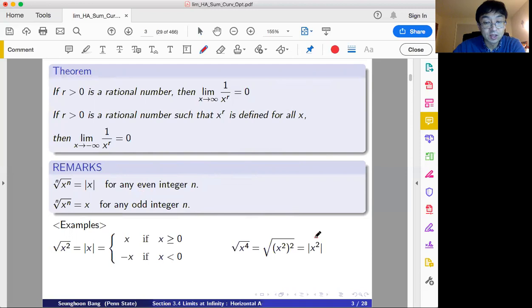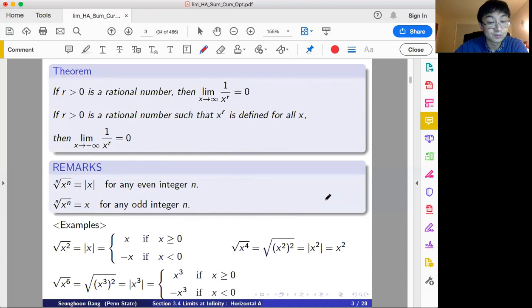So we have the absolute value of x squared. x squared is always a positive number, so whether x is positive or negative doesn't matter. The absolute value of x squared is x squared. The square root of x to the 6th is similar: square root of x cubed squared, so the absolute value of x cubed. We have two possible answers.